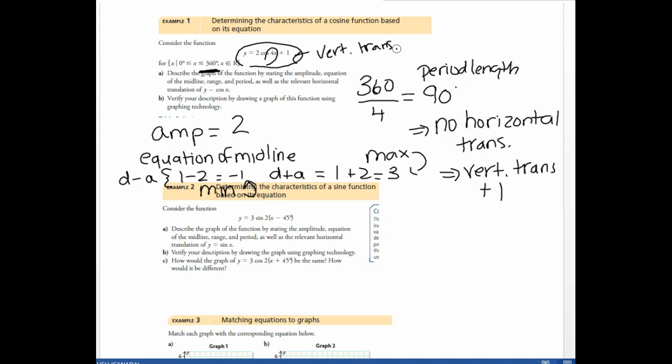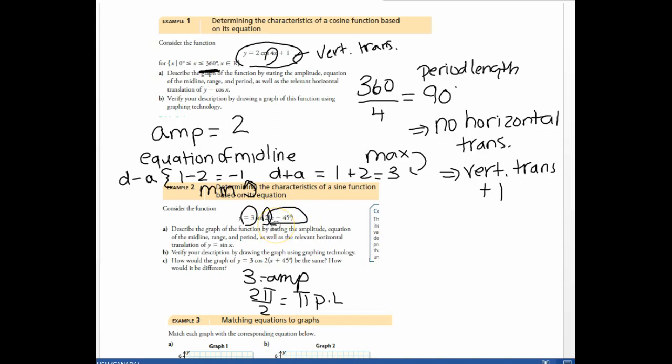And example 2 is exactly the same. I don't know if we need to talk about all the pieces, but our amp is 3. Our period length is going to be 2 pi divided by 2, so our period length would be pi, or you could say 180. And then this is in brackets. You see this?